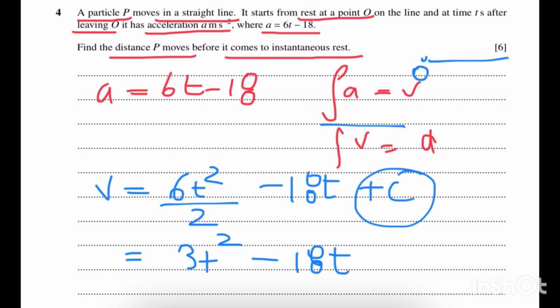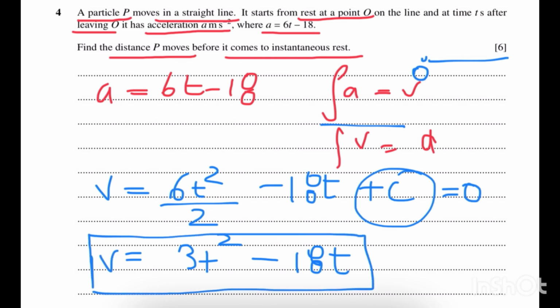So if we substitute t equals 0, we will find that velocity is also equal to 0. So this arbitrary constant will also be equal to 0. So this is the equation for velocity.